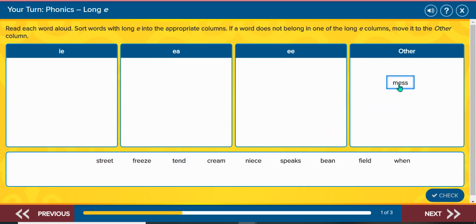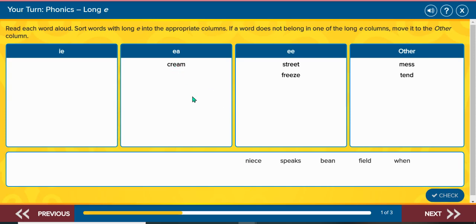Mess. That's a short E, so I'm going to put that over in the other group. M-E-S-S, mess. Street, E-E. Freeze, E-E, and it also has E with a silent sneaky E. Tend, T-E-N-D, short E. Cream, long vowel E with EA pattern.